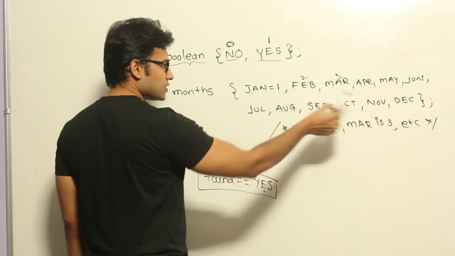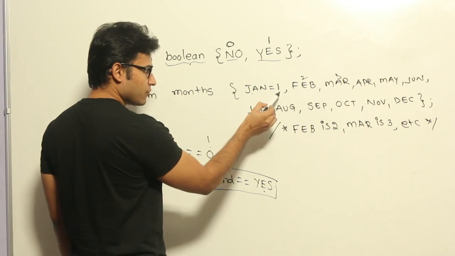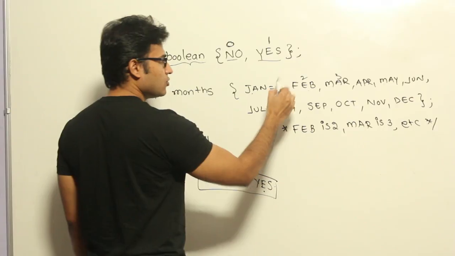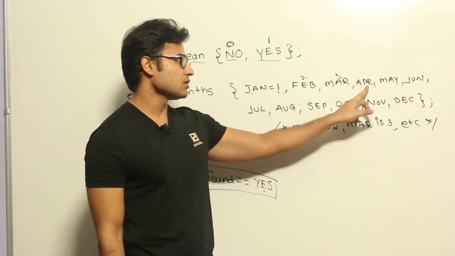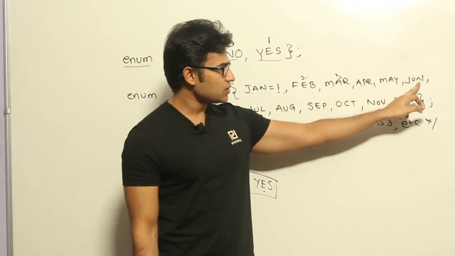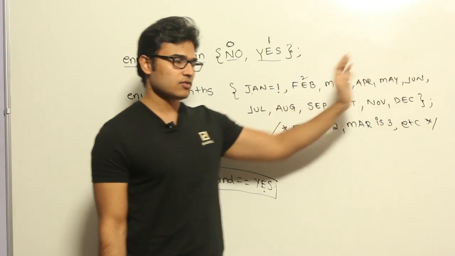Or if you leave some of the values specified and some of the values unspecified, from where you have stopped specifying, from there onwards the next one will take a value incrementing 1, which means let us say you have specified values till April and April is given a value 10. Then if you leave out specifying the values for May, and so on, then May will take 11, June will take 12, like that.